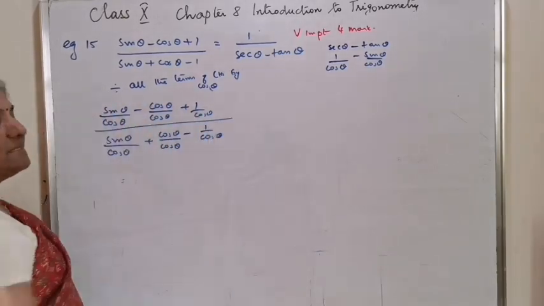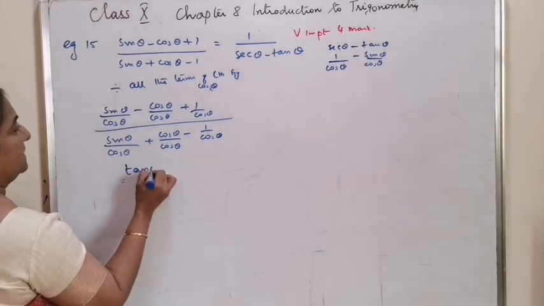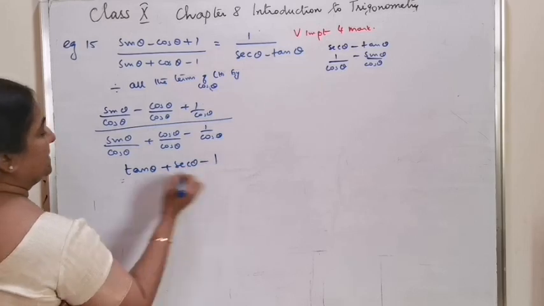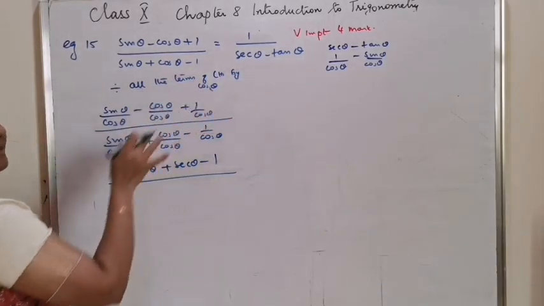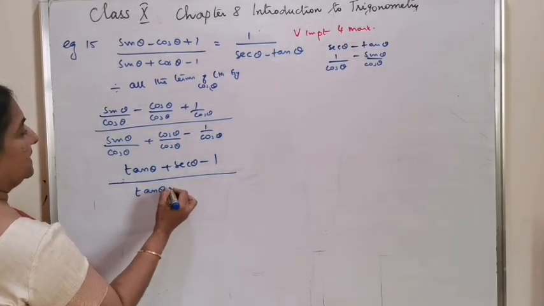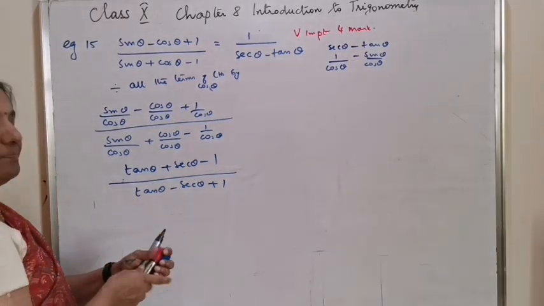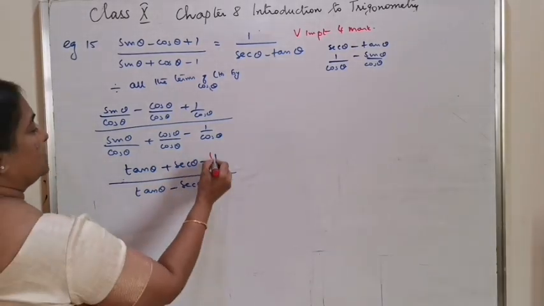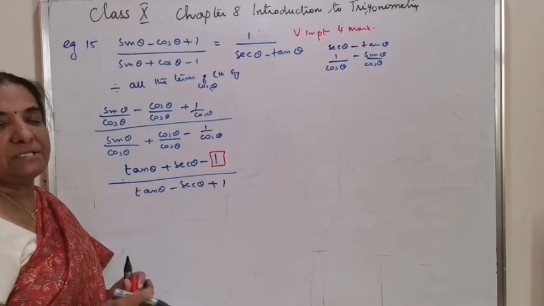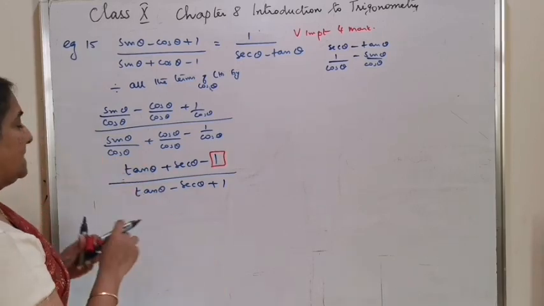That means all the terms are divided by cos theta, from which we are getting tan theta minus 1 plus sec theta divided by tan theta plus 1 minus sec theta. I'm just shifting now because you already know the concept. Now we will be changing this 1 using the identity: 1 plus tan square is equal to sec square, or 1 is equal to sec square theta minus tan square theta.